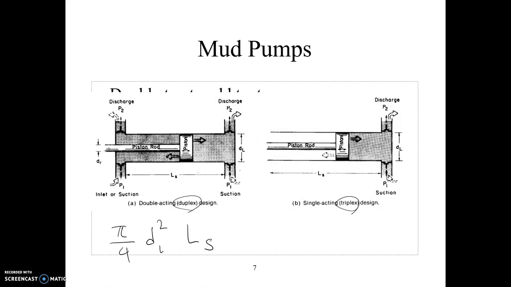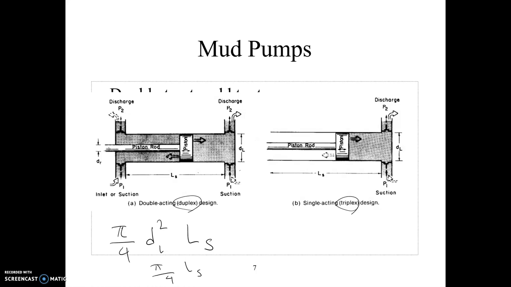On the backward stroke of each piston, how much is the volume displaced? On the backward stroke, you need to notice that there is a piston rod that reduces the total volume of the drilling fluid being injected. So that is going to be pi over 4, multiplied by the length, of course, multiplied by the cross-sectional area of the fluid being displaced.